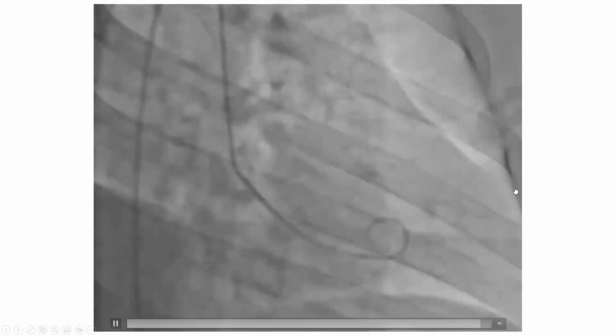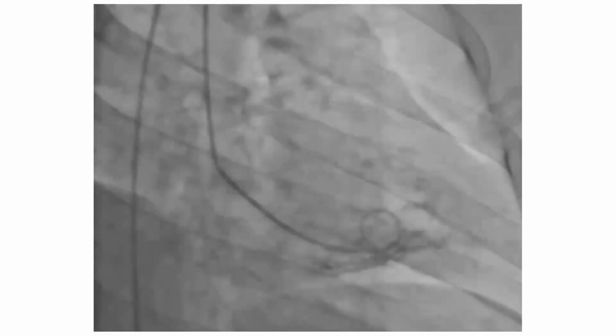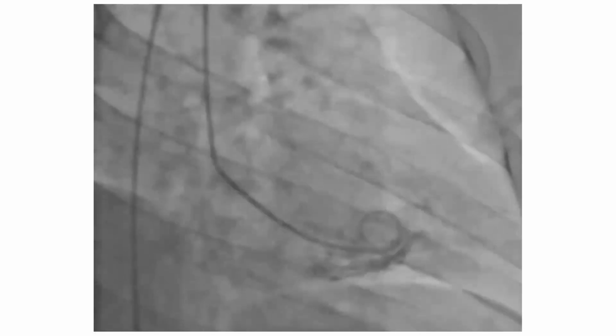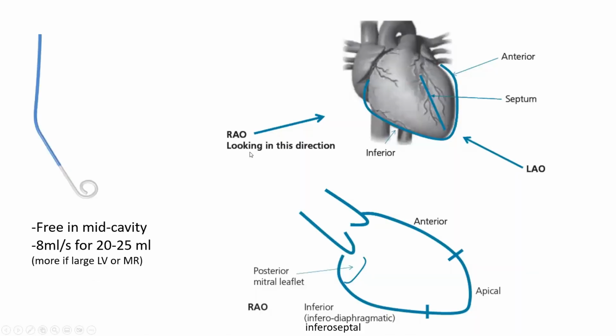Look at this LV gram and tell me what's the diagnosis. This was done at an outside institution. They didn't give a lot of contrast, but you can already tell the diagnosis here. So we're doing an LV gram in an RAO view. RAO view is looking in this direction.